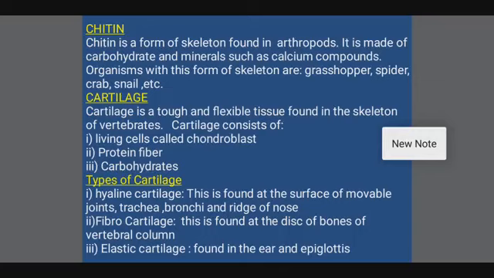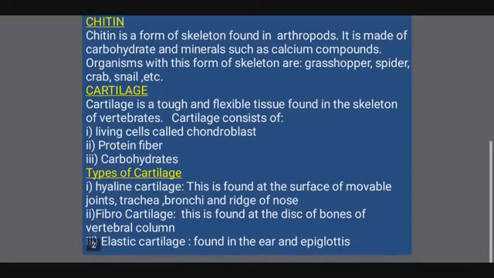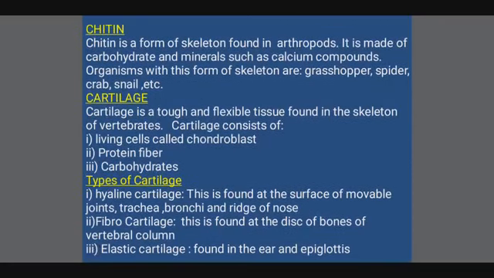Yeah, chondroblasts. Then another material it contains is a protein fiber as well as carbohydrates. Remember earlier, chitin we say is also composed of carbohydrates. Cartilage as well is composed of carbohydrates. That is why carbohydrate is important in the body, not just for providing energy. It also helps in formation of the tissue of certain organisms.